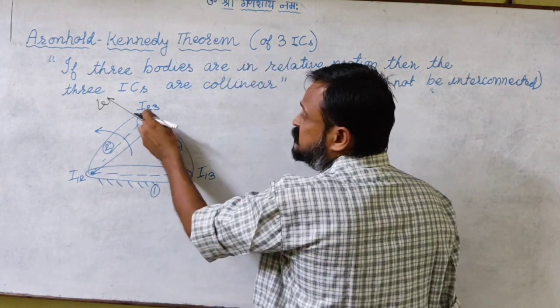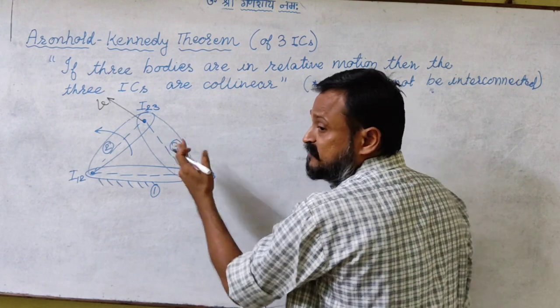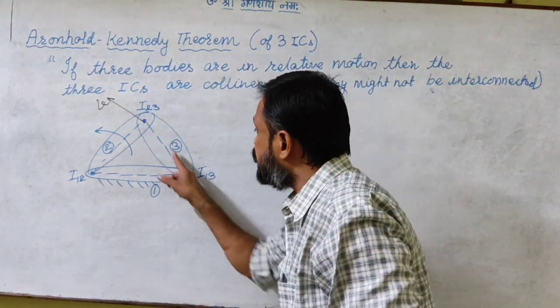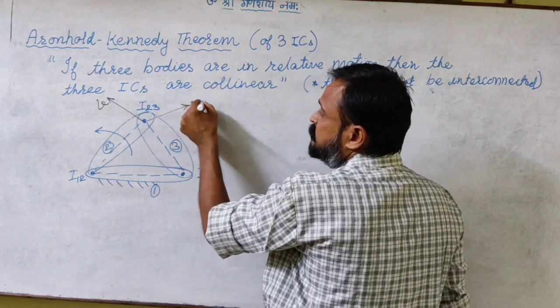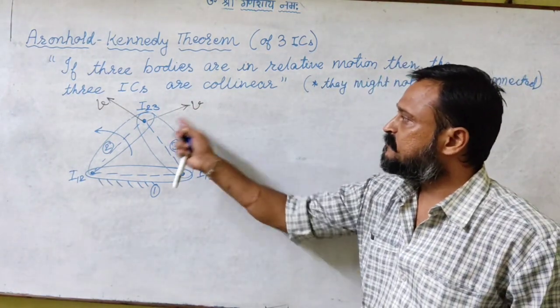And the instantaneous velocity of the point I23 when I consider it on link 3, because this is a coincident point, will be in this direction.